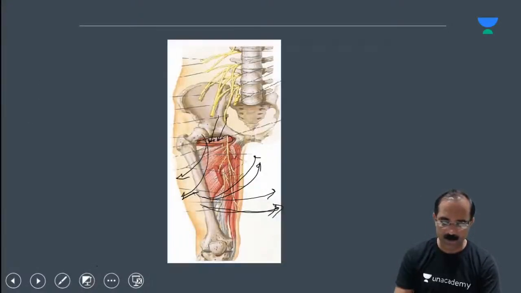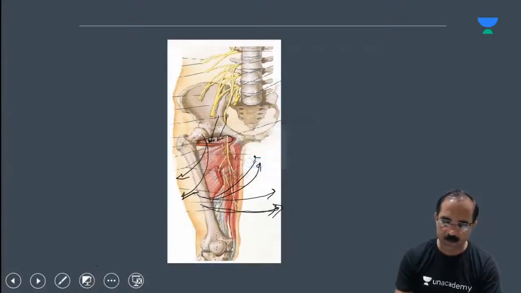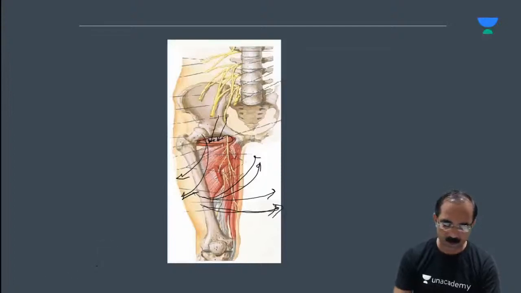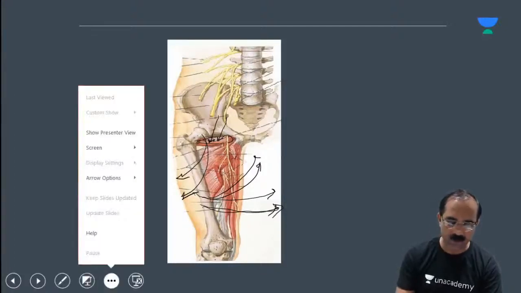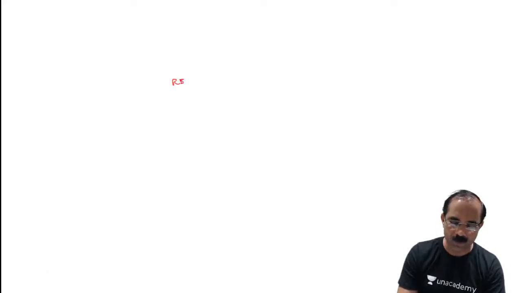Okay. And something very similar. One minute, I'll tell you something here. Relations of the neck of the first rib. Something very similar.